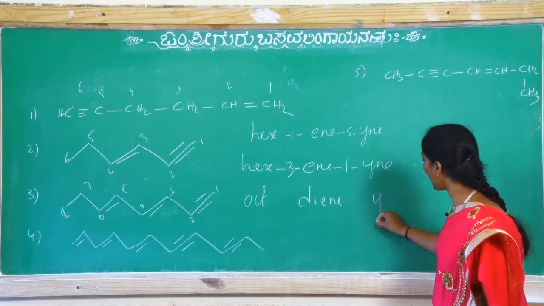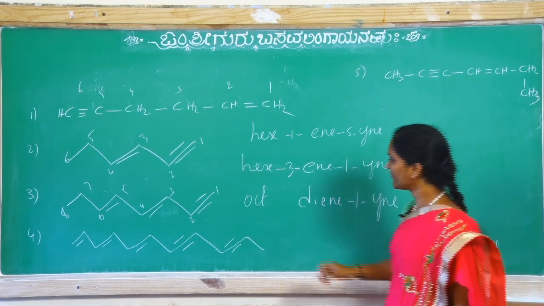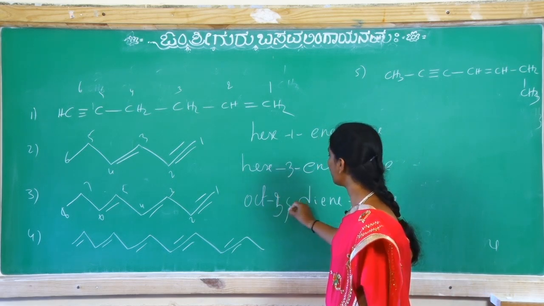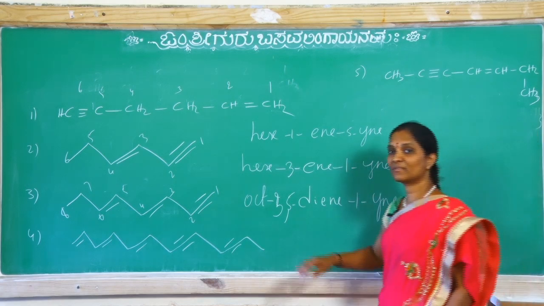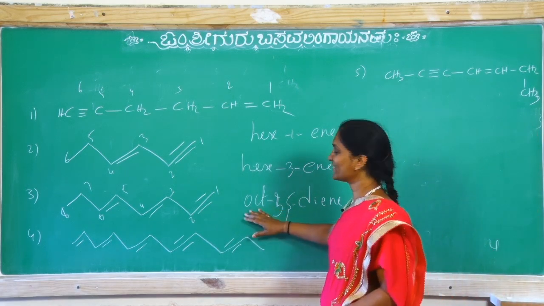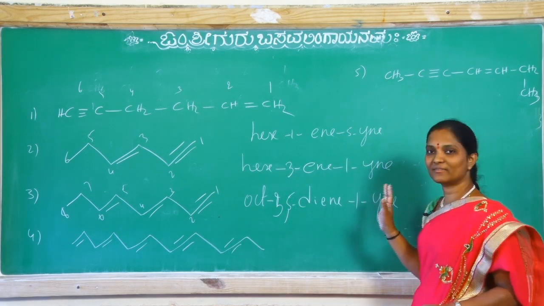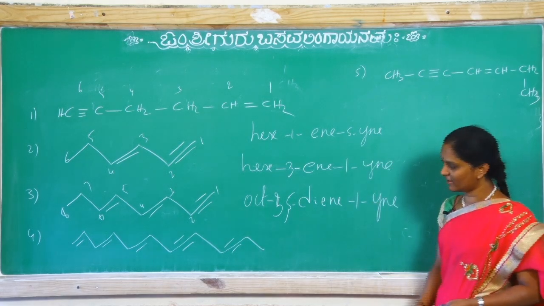Diene, yne. 1-yne, first position yne. Third, fifth. Name of this one: oct-3,5-diene-1-yne. Okay, oct-3,5-diene-1-yne.